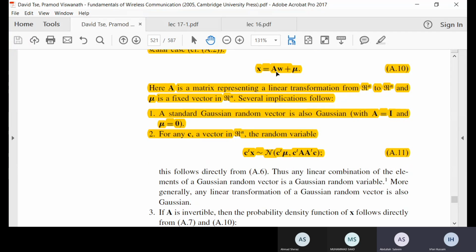This x is given as Aw plus mu, where w is a standard Gaussian random vector, mu is the mean, and A is related to the covariance. So this x vector can be written in terms of the standard vector as Aw plus mu. You can also write the standard vector in this representation, but in that case w will be equal to Iw plus 0. So Iw is equal to w. That is what is written here.